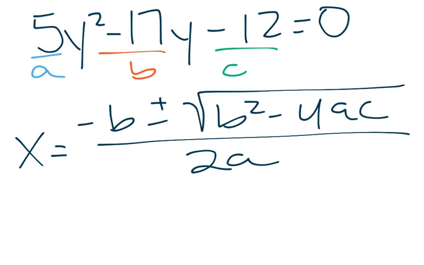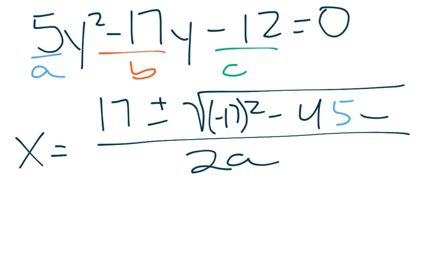Okay, so since b is negative 17, opposite b is going to be positive 17. Okay, and then we are going to replace this b with negative 17. We are going to replace this a with 5. We're going to replace this c with negative 12. And once again, this a gets replaced with 5.